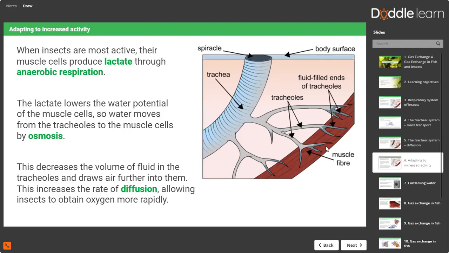So water moves from the tracheoles here, which is why they're fluid filled at the end, to the muscle cells by osmosis. This decreases the volume of fluid in the tracheoles and draws air further into them. This will then increase the rate of diffusion. So it increases that concentration gradient, allowing insects to obtain oxygen more rapidly.